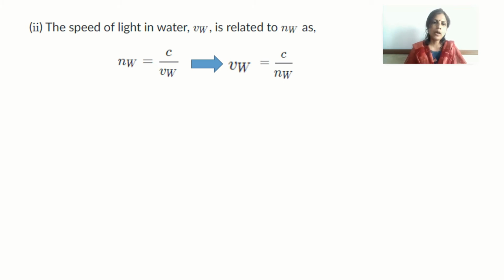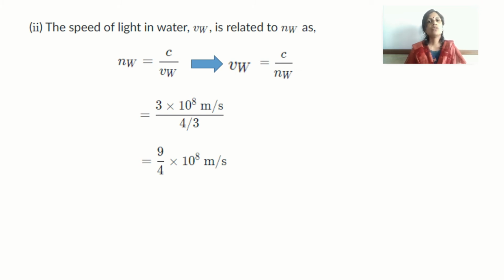So let's substitute the values. 3 into 10 raised to 8 meter per second upon 4 by 3, and it will be 9 upon 4 into 10 raised to 8 meter per second, which is equal to 2.25 into 10 raised to 8 meter per second, and this is speed of light in water. For calculating this you will be given 1 mark. So this is how a 5-mark question is been divided into different parts, and accordingly marks are given. Let's move to the next question.